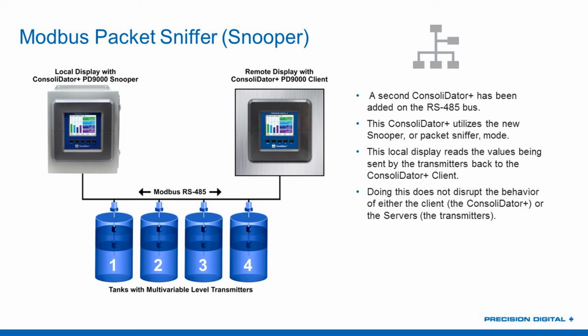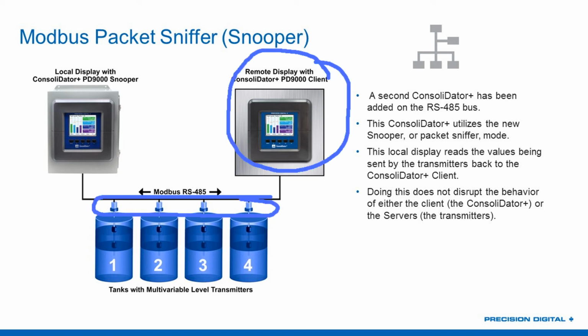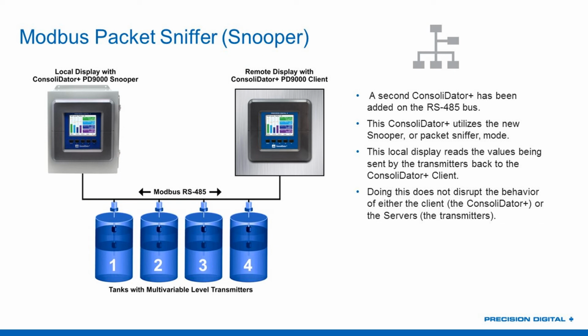So you'd program it in this case with the 12 variables coming out of these transmitters, very much like you did with the client, except instead of actually requesting that information, it just waits for it to come by. The client is going to request that information of the transmitter, and the transmitter is then going to reply back with its information, but that information is also going to get captured by the snooper mode Consolidator Plus.